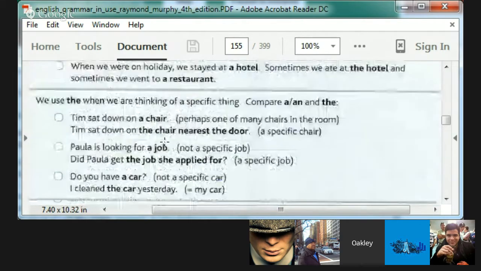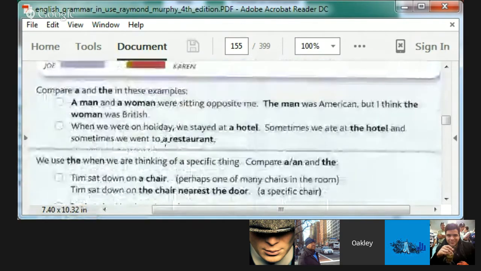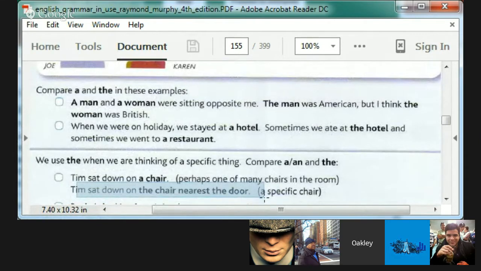Okay, if you define it, for example, going back to talking about where something was, defining, okay, Tim sat down on the chair nearest the door. Yeah, if you define it, then I am the dentist who works in that office over there. I am the dentist who has an office in this building.